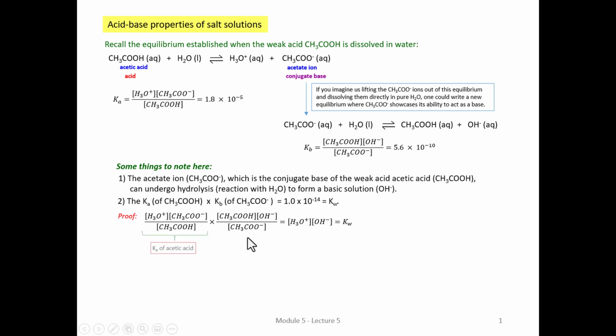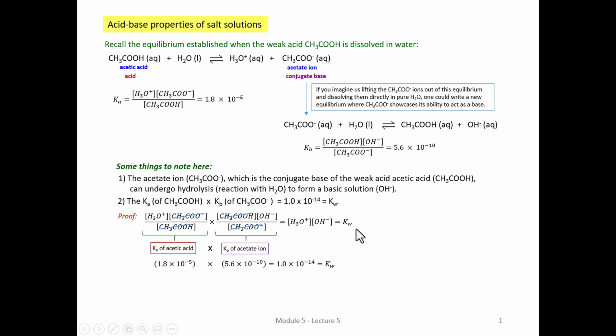If we do that, you can see that the acetic acid concentrations cancel out, the acetate ion concentrations cancel out, and what's left is an expression that says the hydronium ion concentration times the hydroxide equals the Kw, or 1 times 10 to the minus 14, which you already knew.